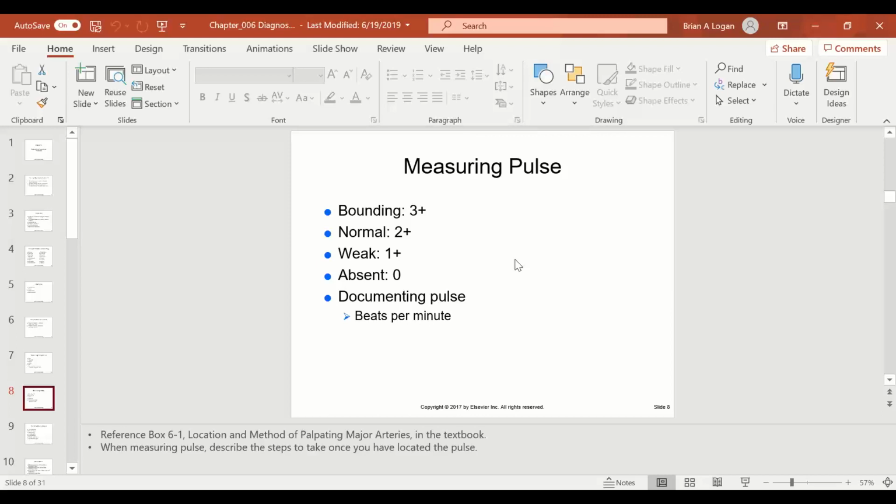What you're going to do is put your fingers over the area where that artery is supposed to be, push down and occlude, actually cut off circulation to that spot, and then just lightly start to release pressure until you can feel the blood flowing through and feel that pulse. And then that's when you start your count.